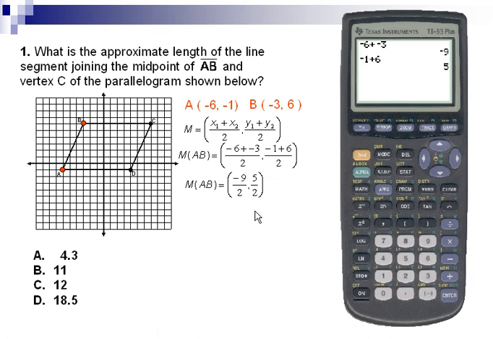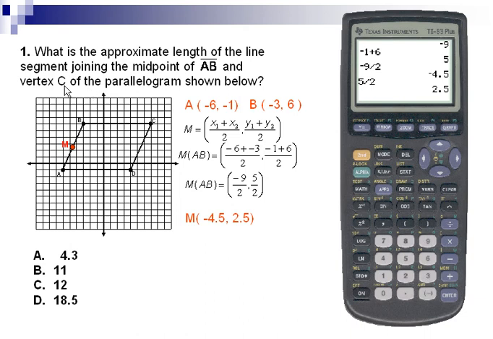To simplify these fractions, let's do -9 divided by 2, and you get -4.5, and 5 divided by 2, and you get 2.5. So the midpoint of segment AB would be the point (-4.5, 2.5).